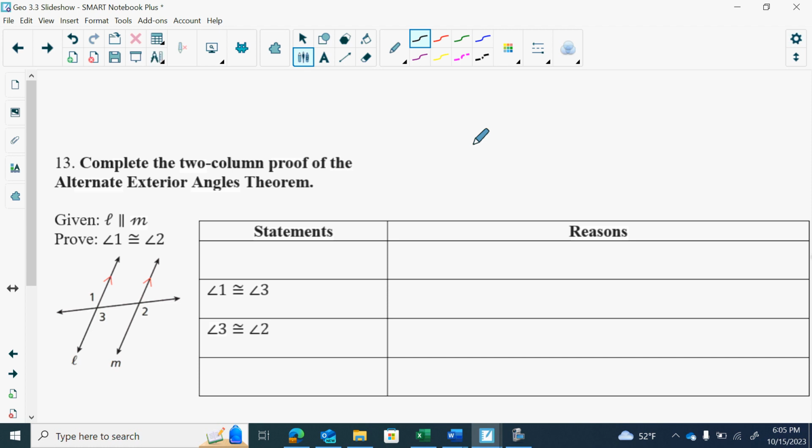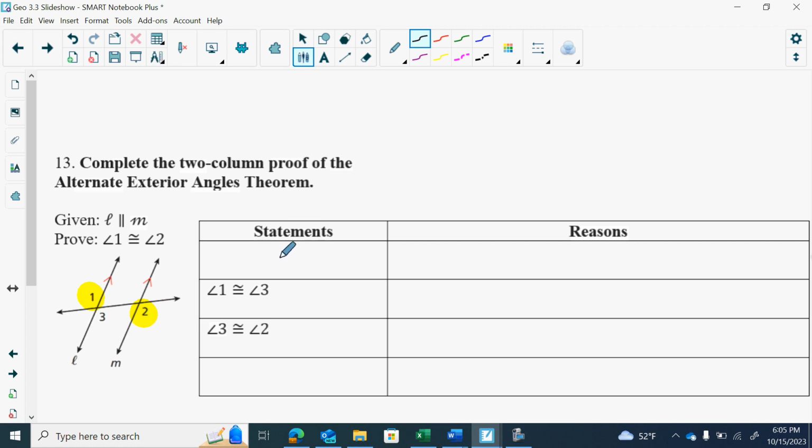So our job is to prove that angle 1 and angle 2 are congruent. On your homework, you'll notice that I gave you no word bank, so we kind of got to work from there, all right?